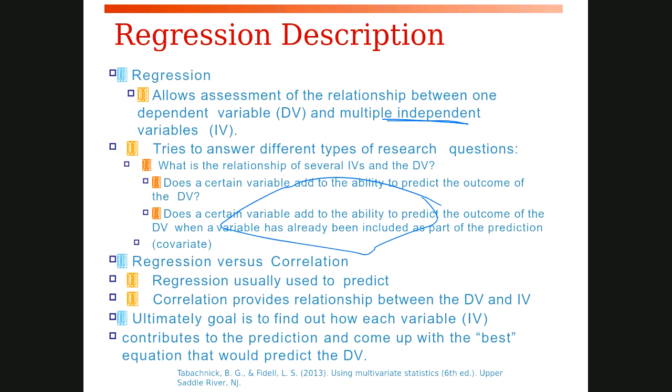Is it depression? Is it stress? Of course, it could be some other factors too, like other health or genetic factors, but let's just say of those three variables that we've measured, which one is the best predictor? Which of these predict the dependent variable and which one is the best predictor?